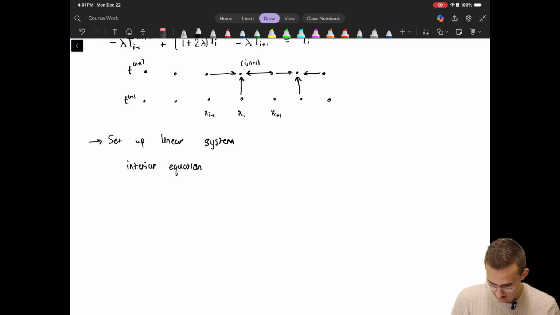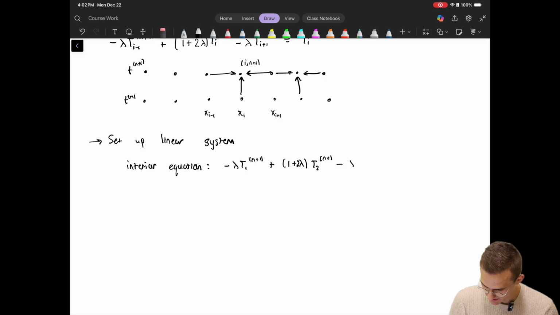So in the interior, aside from the boundary conditions, which we need to handle on their own, we get the following set of equations where, say, for the first interior point, we have lambda t1 at time step n plus 1 plus 1 plus 2 lambda times t2 at n plus 1 minus lambda t3 at time step n plus 1 is equal to t2 at time step n.